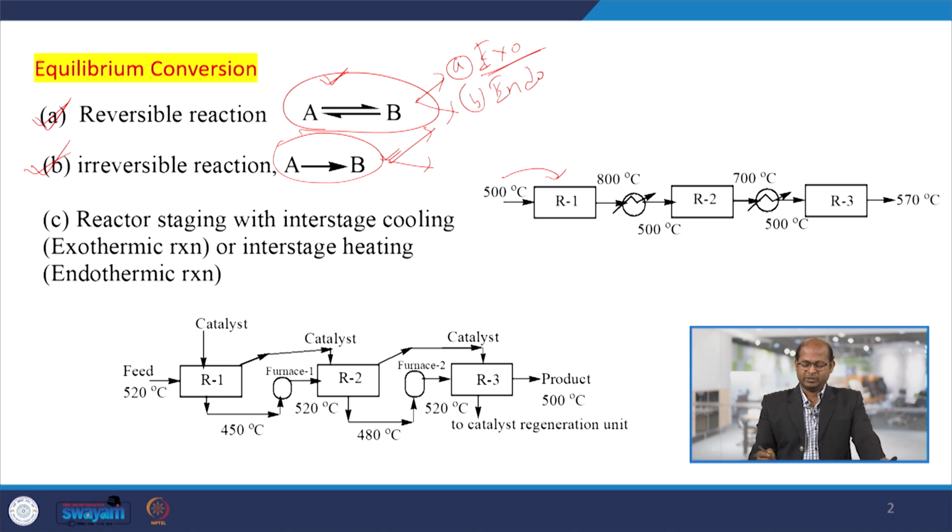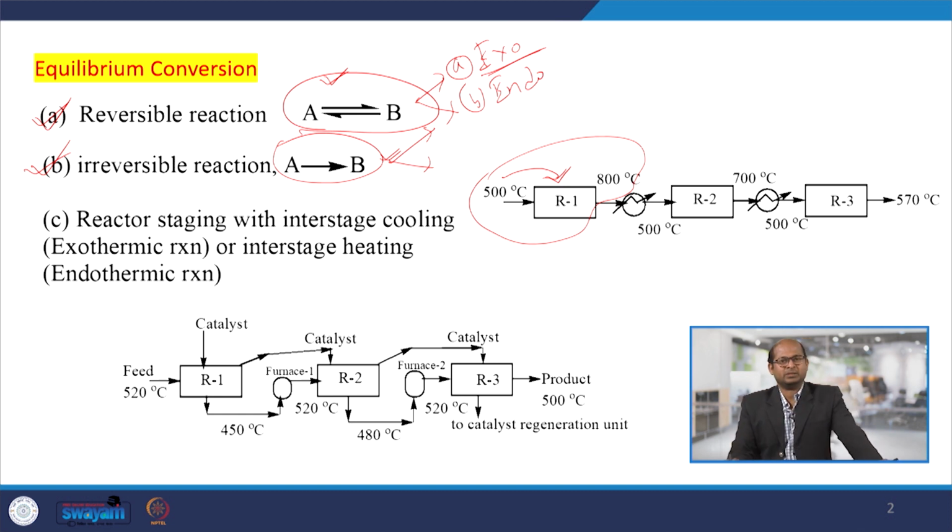Therefore, we have to think about how we can maintain isothermal temperatures when the reaction is exothermic or endothermic, and also how to reach the maximum conversions. Let us say we are using one reactor and the reaction is exothermic. Let us say 40% conversion is what we can reach with one reactor, the maximum conversion or close to the equilibrium conversion at that range of temperatures.